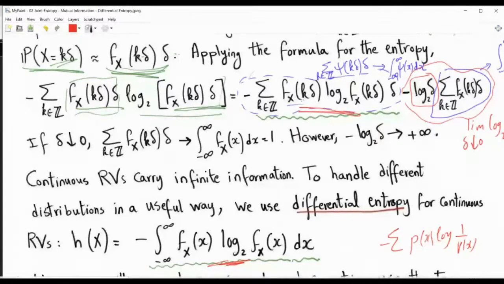I will just say entropy, and you understand that if we are talking about continuous random variables, then actually it is differential entropy. The nice thing is that many of the useful properties of entropy are inherited by differential entropy, so the difference is not that big.